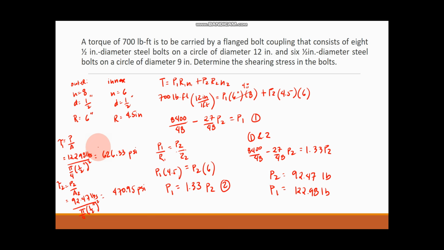So these are the final answers. For the bolt in the outer diameter, it is equal to 626.33 PSI, and for the inner bolt diameter, it is equal to 470.95 PSI.